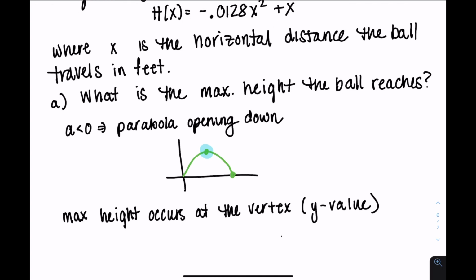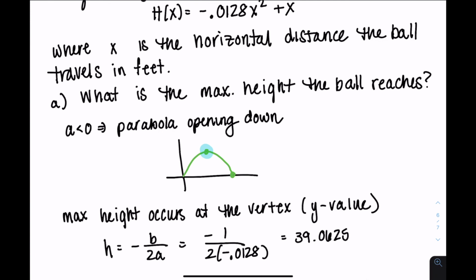Well, we can just use our formula since we don't need to put this in standard form. The x-coordinate is -b over 2a. Well, b is +1, a is -0.0128. So if you go through this division, you're going to find the x-coordinate is 39.0625. So this point here is 39.0625. What I want to do is figure out this y value.